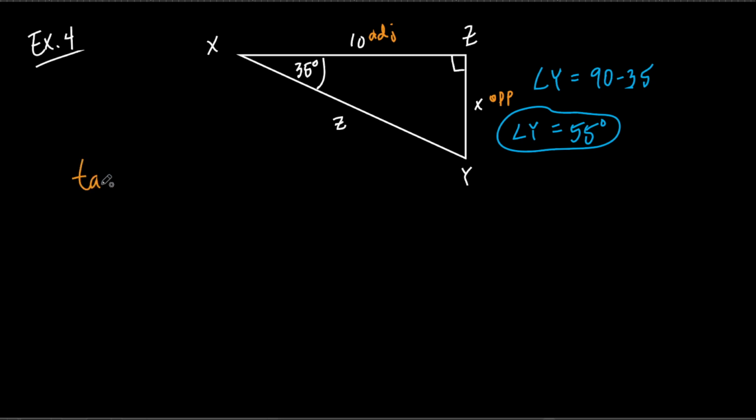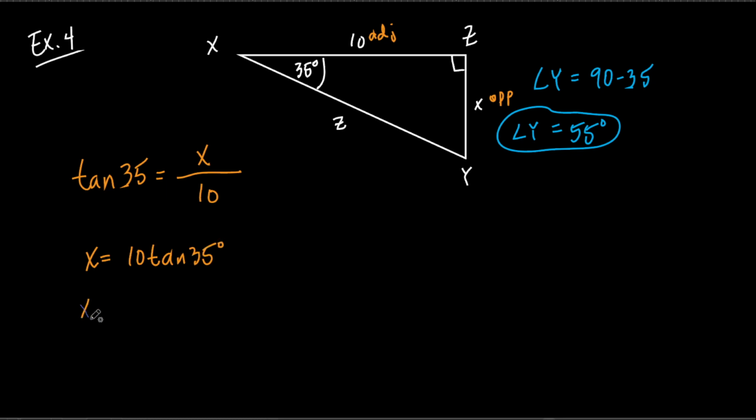I'm going to write the tangent of the angle that I'm dealing with, this 35 right here. So the tangent of the angle is equal to opposite over adjacent. Which one is opposite? X. Which one is adjacent? 10. And now I can solve for x. The math is exactly what we did earlier. So it's 10 times the tangent of 35.